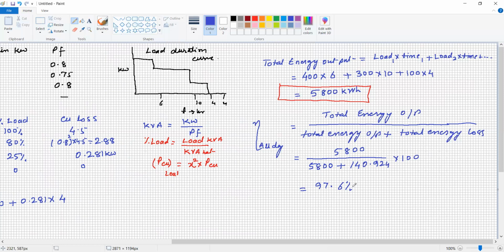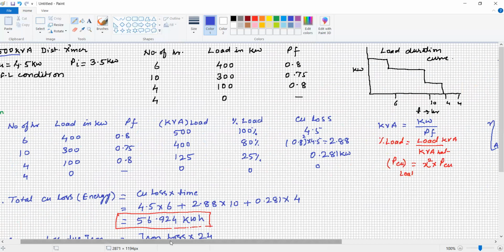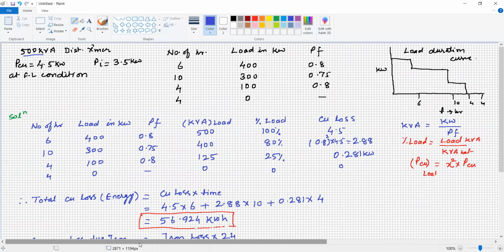So there are again some numericals. You may calculate some more numericals based on this topic. We have to remember that if the load is given in kilowatt, first it is converted into kVA to determine the percentage load, because the transformer rating is always given in kVA.